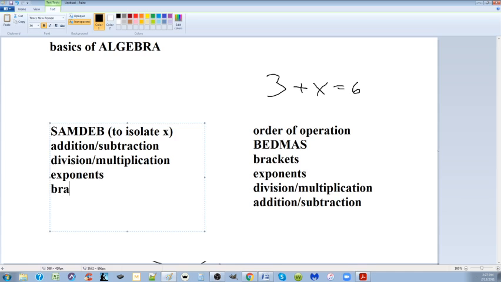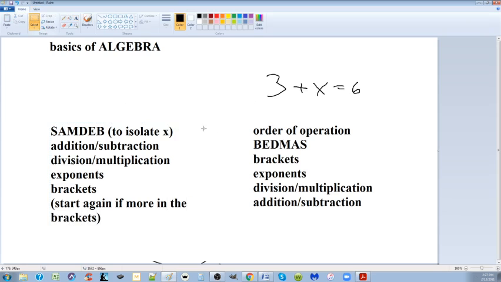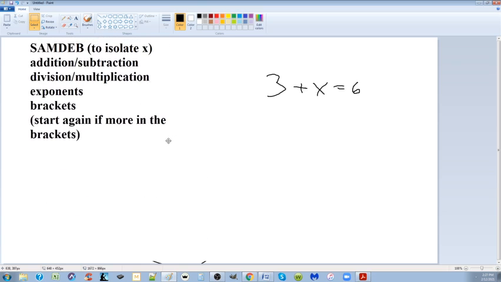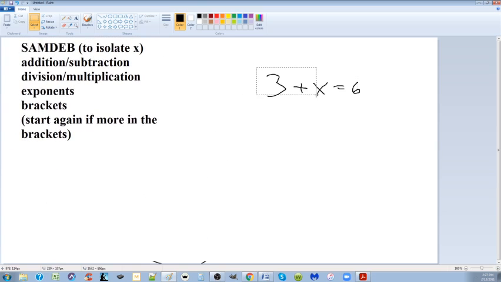Then you have to remove your brackets. And if it repeats within the brackets, you have to start again. So you just keep going like that. And that is a good way to remember it. Now you might say, well, that's overly complicated. And you're right, it is overly complicated for the example I give on the left, but it's not for bigger problems. So let's start with this one.